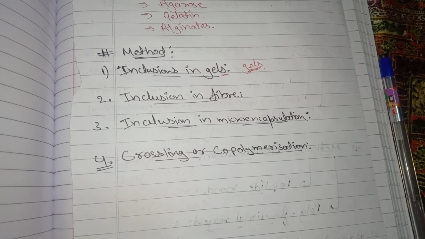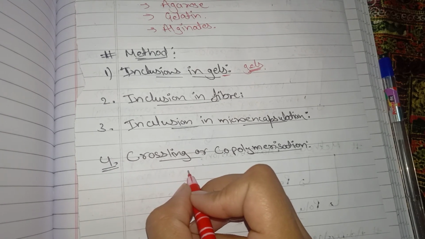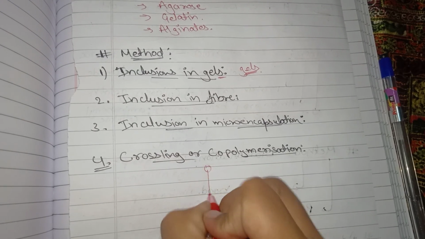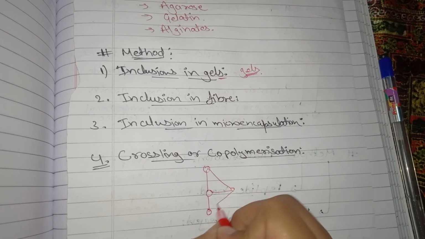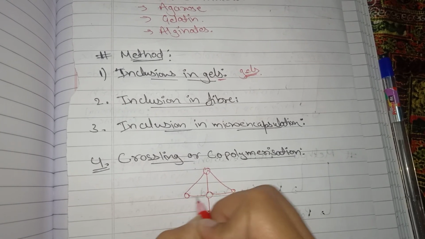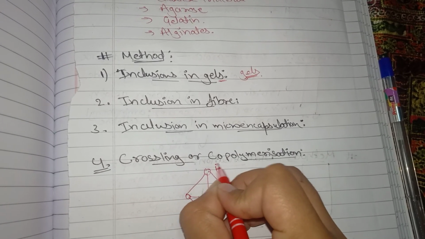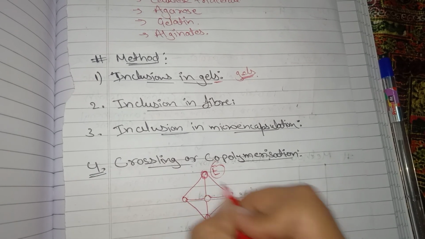In this method, enzymes are directly linked with another enzyme of various groups by the covalent bond, like various enzymes of various functional groups are bonded with each other.